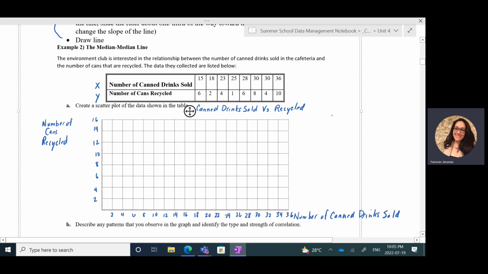Number of canned drinks sold is 15 here, and then we've got 6 over here, and 18 and 2, 23 and 4, 25 and 1, 28 and 6, 30 and 8, 30 and 4, 36 and 10, and there we have it.